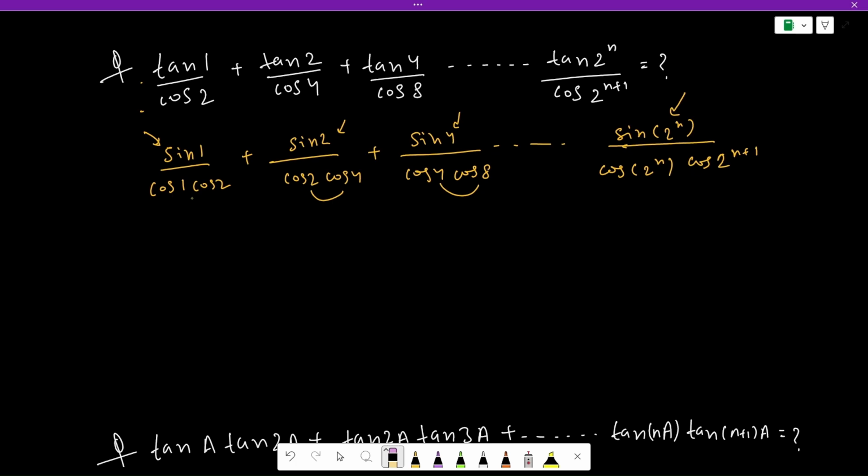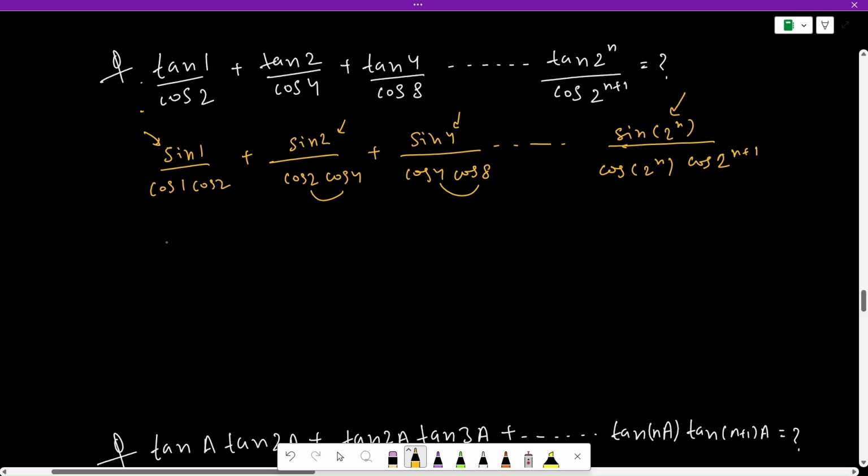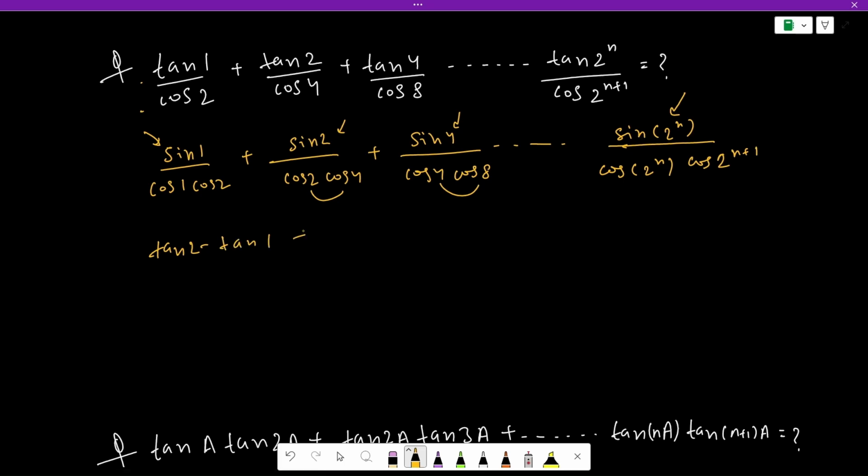We can just directly break this. So this will be tan 2 minus tan 1, plus tan 4 minus tan 2, and so on till tan 2 to the power n plus 1 minus tan 2 to the power n.